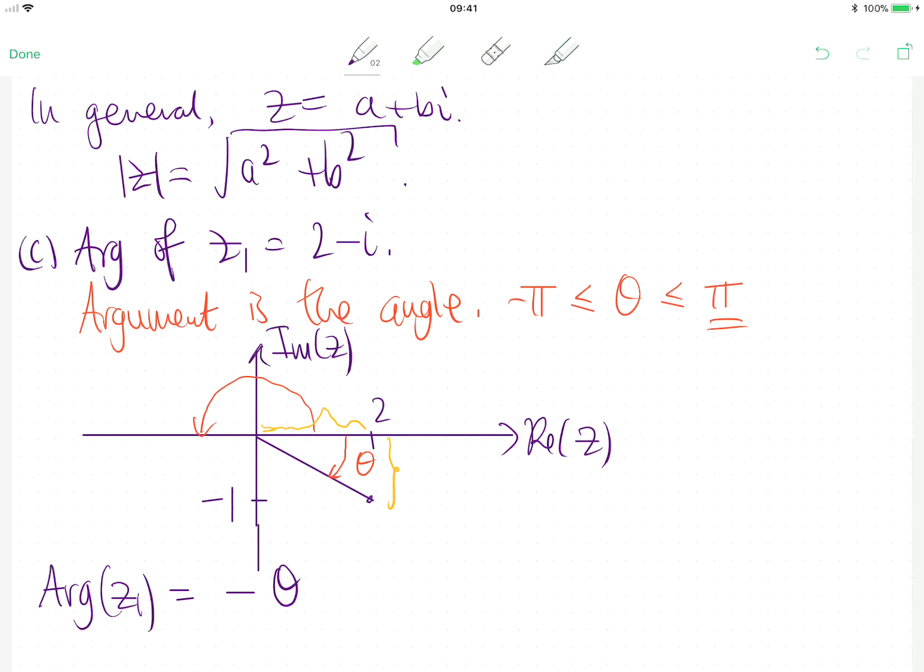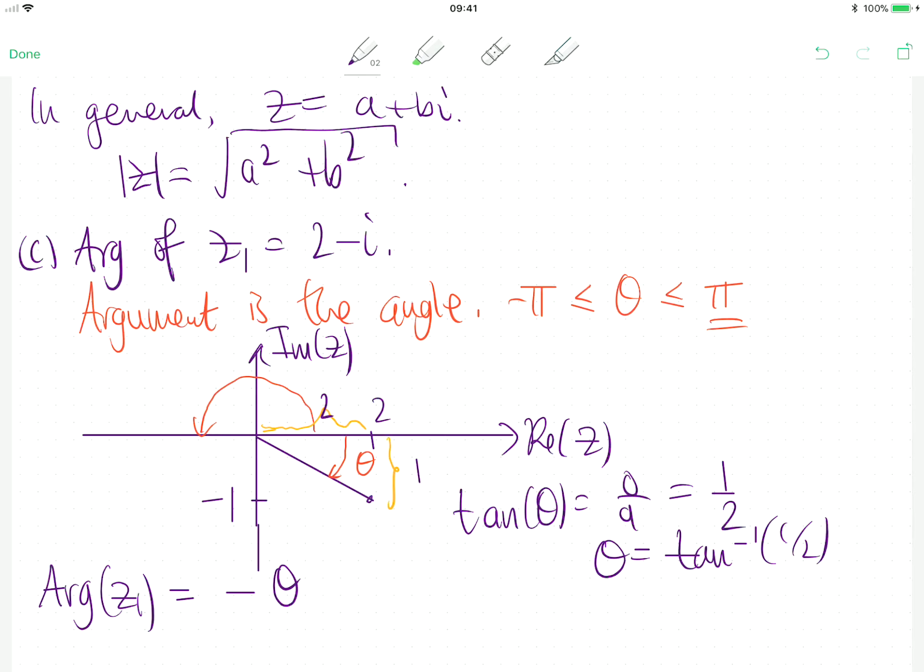Okay, so in our situation, we got a right angle triangle with sides 1 and 2. These are the opposite and the adjacent. So tan of this angle is the opposite divided by the adjacent, so 1 divided by 2. So the angle is tan inverse of a half.